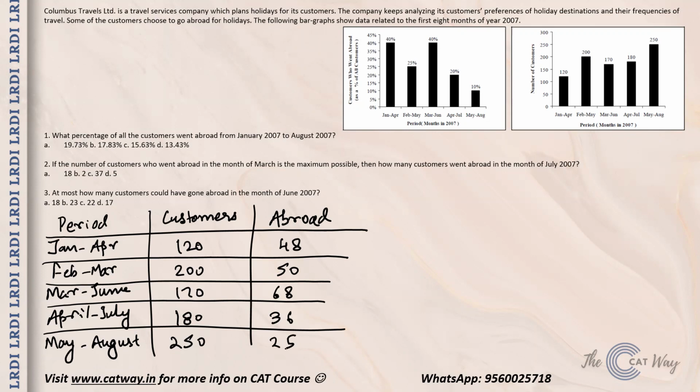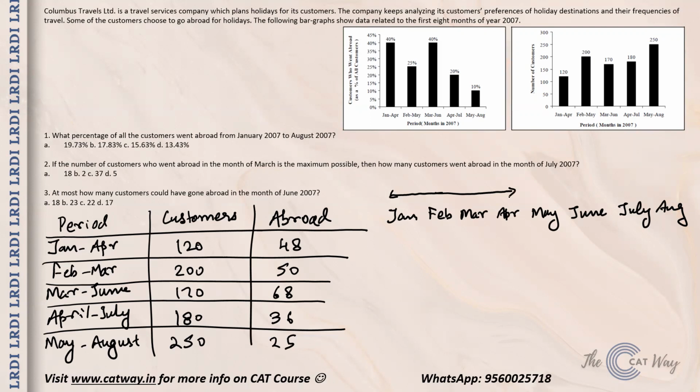Or if you make a table, what do you have is like a row. So what we get is Jan, Feb, March, April, May, June, July, August. Okay, so this is what you have basically. Now it has been given that between January to April, the total was 48.